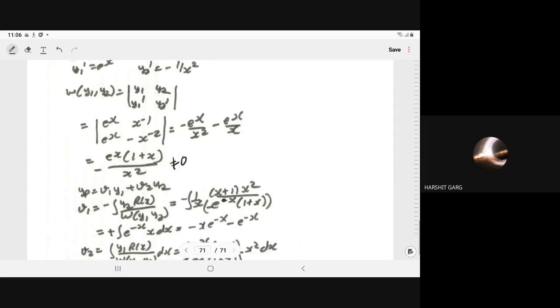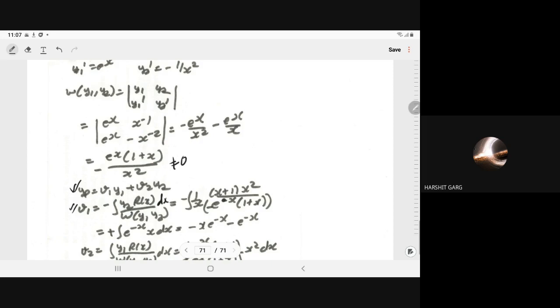Now we compute the particular solution by the method of variation of parameters. In that we assume yp = v1 y1 + v2 y2, where v1 = -integral of y2 R(x)/Wronskian with respect to x.